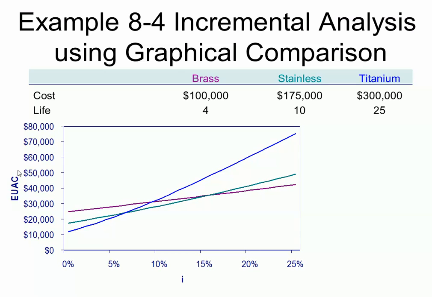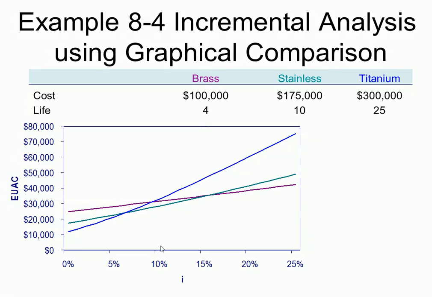And instead of using present worth analysis, therefore, we're going to use equivalent uniform annual cost. So instead of this, we're just going to represent it as equivalent uniform annual cost. And so using that kind of analysis, we're going to get the annual cost of each of the alternatives.